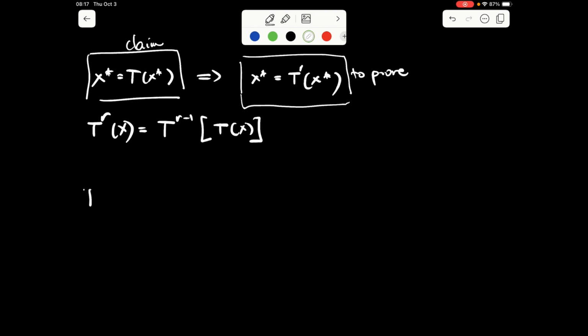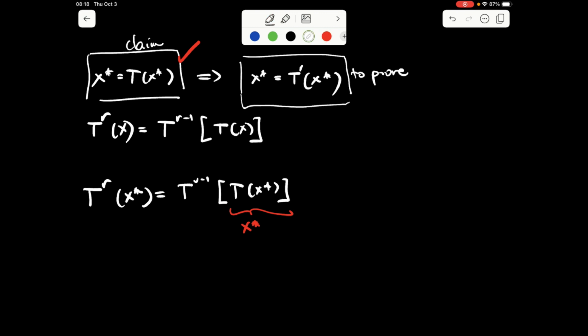All right, so we have this operation, claiming that this is the fixed point of the operator t. If we decompose this operation into two operations, we receive this expression in which we know that this is the fixed point because of the assumption.